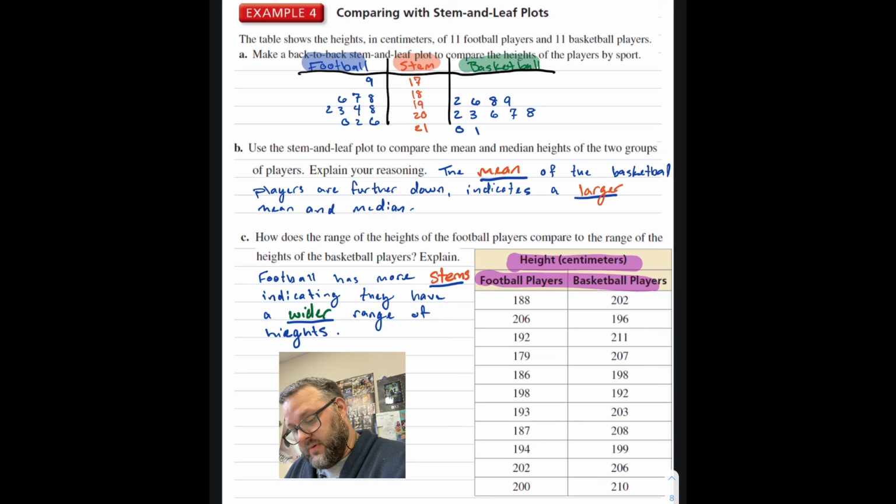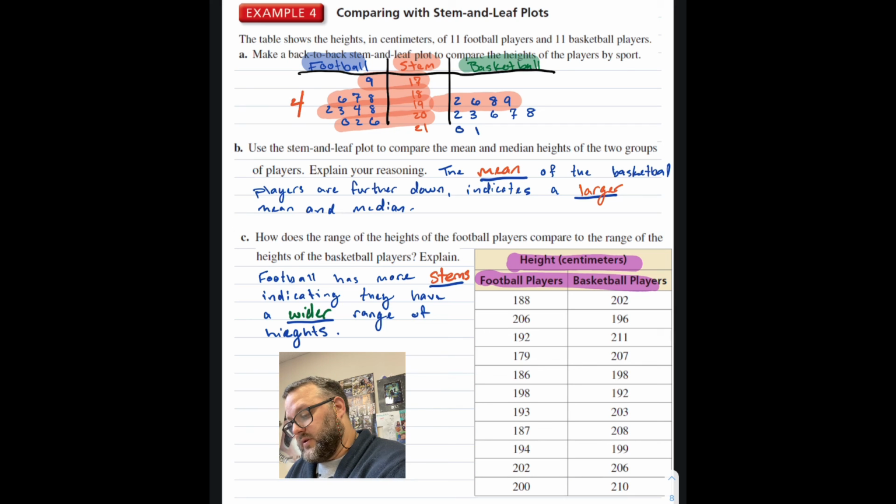And all I meant by having more stems is football has a stem here at 17 that basketball doesn't have. They have 18 that basketball doesn't have. They have 19, and basketball does as well, so I'm just going to draw that overlap. And football has a fourth stem over here.